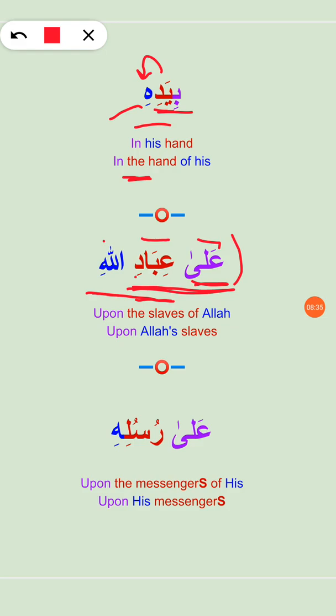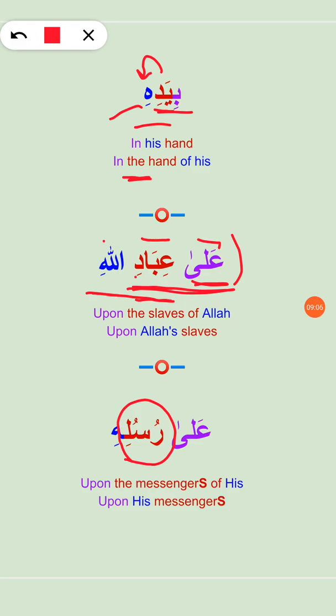Next example, Allah rusulihi. Now it is rusulihi and not rasulihi. Rusulin is actually the jar form of rusulun, and rusulun is the pattern for jama mukassir. This is something that I have already explained in lesson 8e in section A. If you want you can go back and watch it from there inshallah.